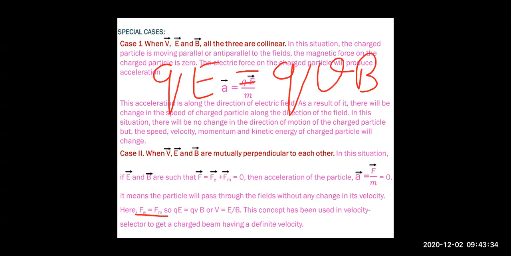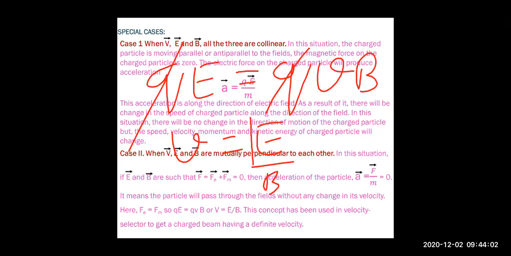Now you will ask, ma'am, why did V cross B not come? Because they are perpendicular, and we know sin 90 is 1. So QVB sin 90 is QVB, right children, as they are perpendicular to each other. So Q gets cancelled and V equals E upon B.